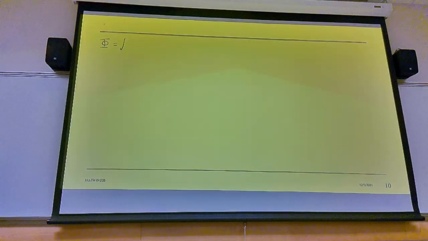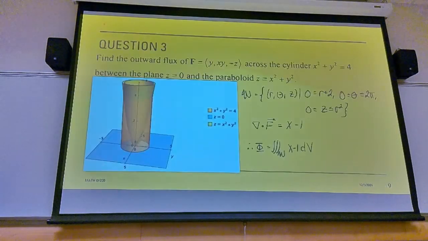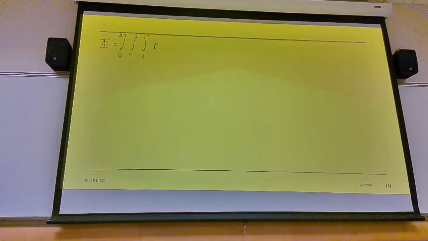What is the integrand in cylindrical? R cosine theta minus 1, with the r. Well, that's not the integrand. That's the integrand right there. Then the differential is what? dz dr d theta, with the r.